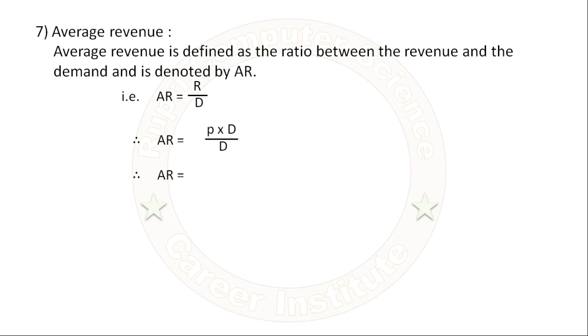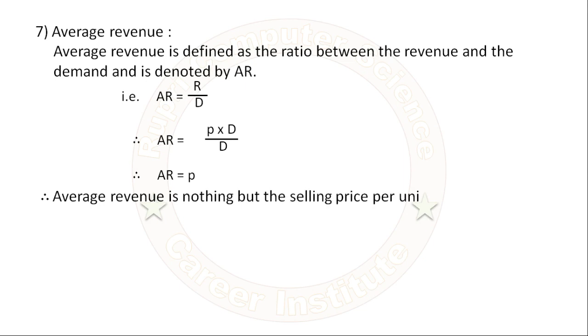Therefore, AR is equal to P, which is nothing but the selling price. Therefore, average revenue is nothing but the selling price per unit.